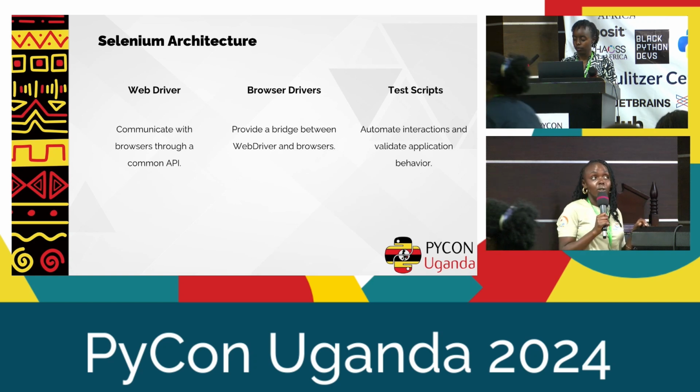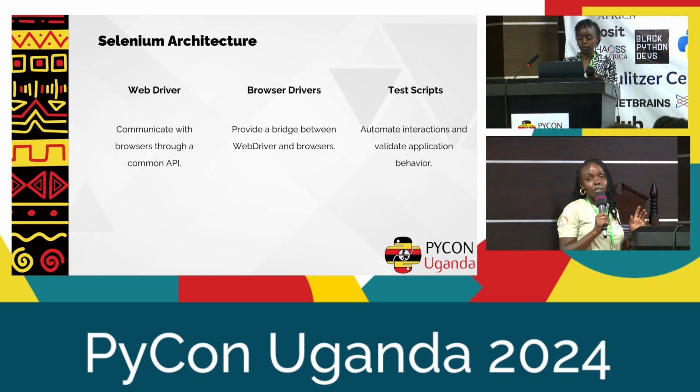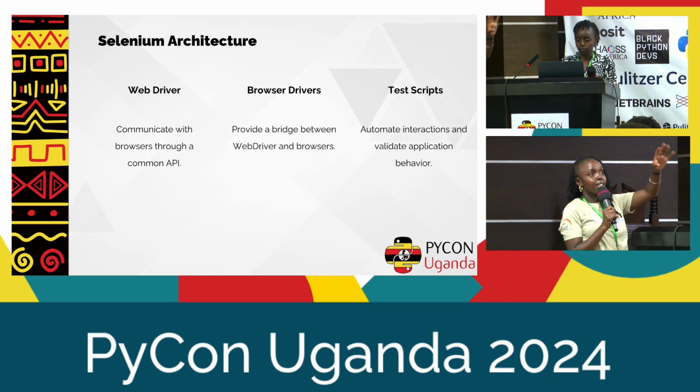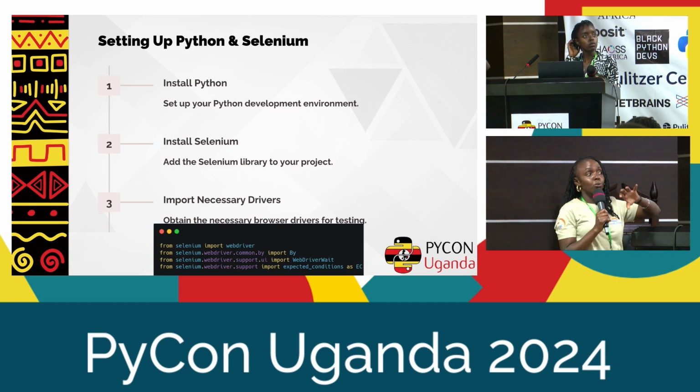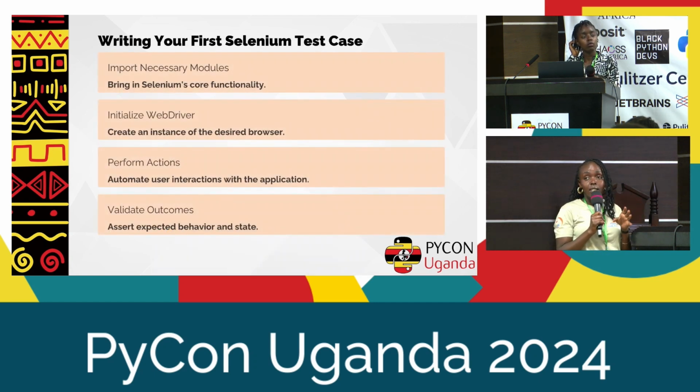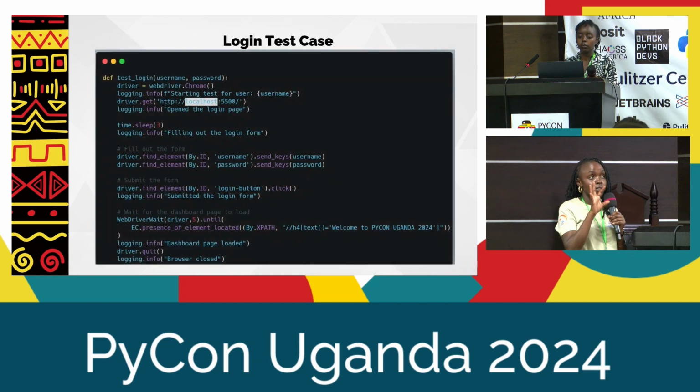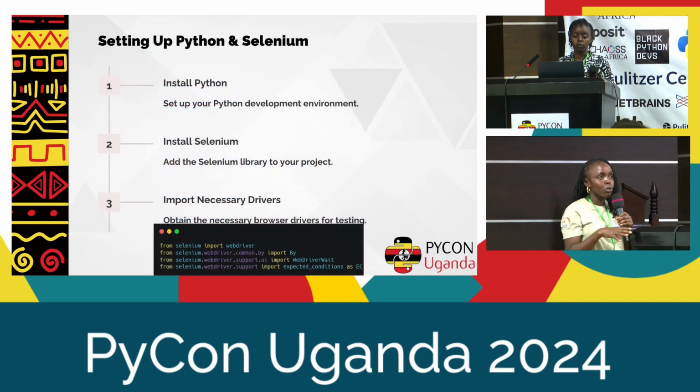Then after that, you're going to import all the necessary drivers. The most important one we have from Selenium is the WebDriver, and then other modules like By, WebDriverWait, and expected_conditions are just supposed to help us during the whole process of implementing this automation test.